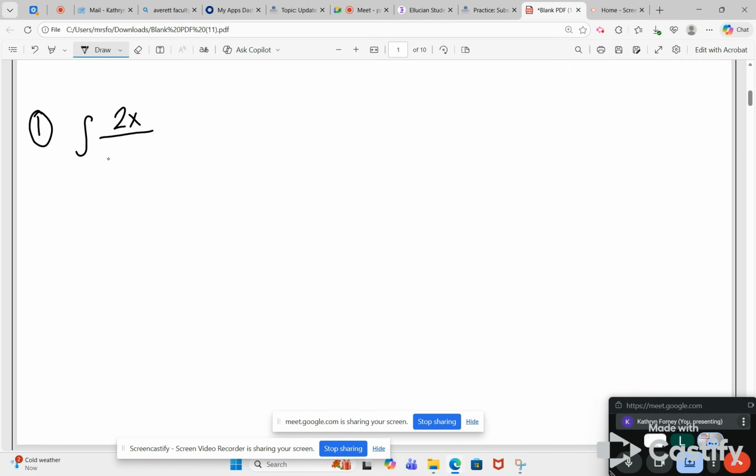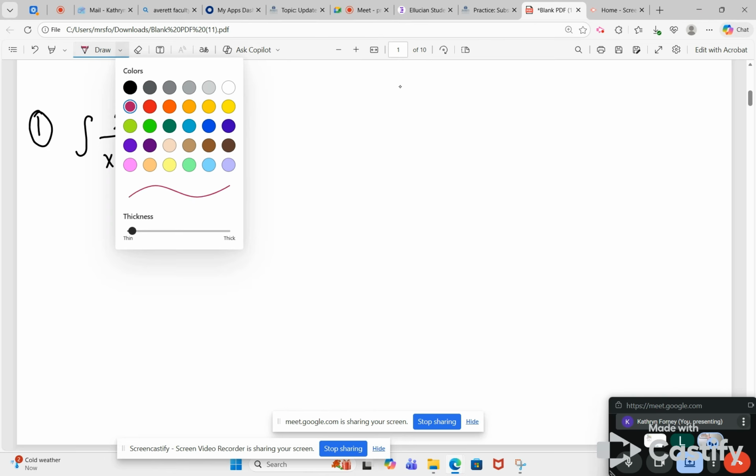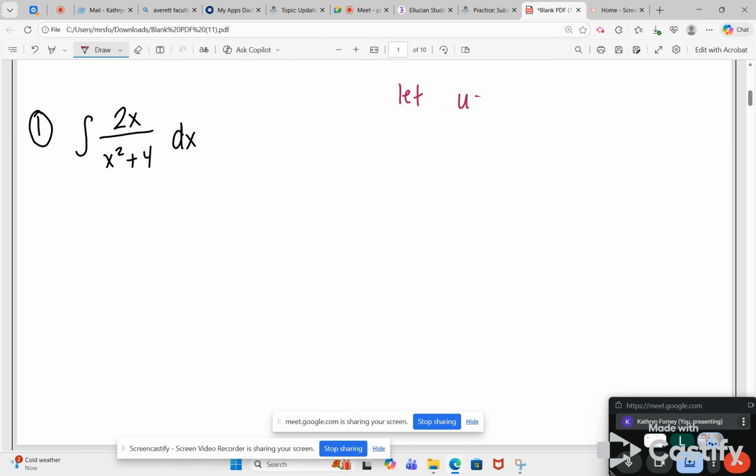All right. So now, say we have the integral of 2x over x squared plus 4 dx. The first thing we want to do is choose our u. So x squared plus 4 is our u.